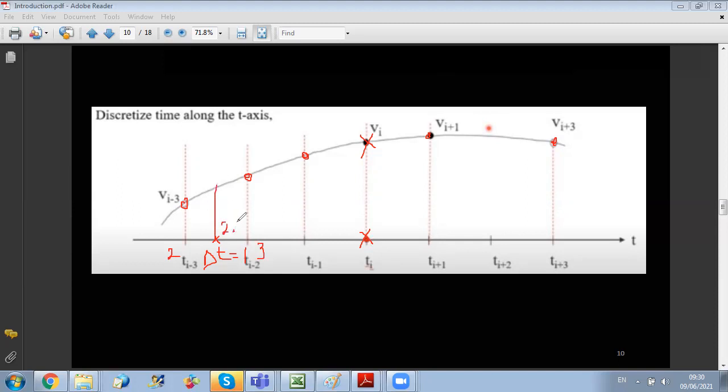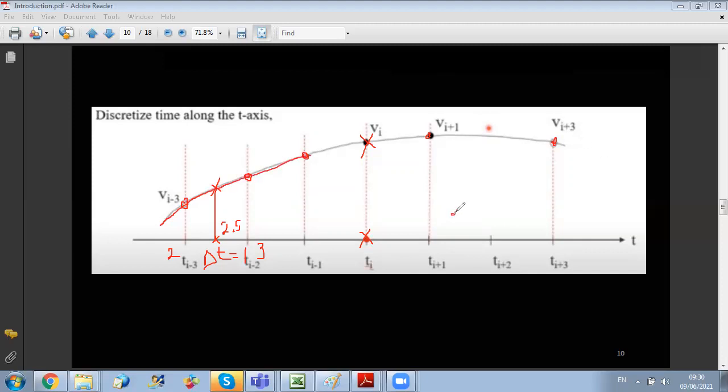Then we will see in this course what techniques can be used for interpolation between 2 points. And the smaller delta t is, the more points you will have, and then you can have a better approximation. So if you want to draw a curve joining the points, you can draw it, but the more points you have, the more accurate your curve will be.